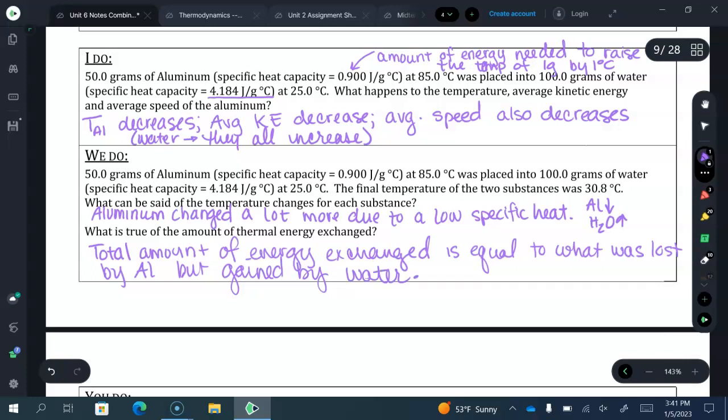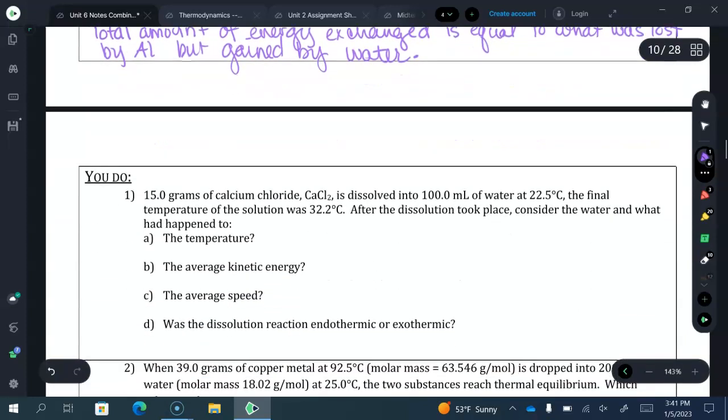Okay, so it's a transfer of energy to reach thermal equilibrium. So aluminum gives water energy until they both have the same total energy, and thus they have reached the same temperature, so thermal equilibrium. The amount transferred from aluminum to water is going to be equal to each other, and that'll be the total thermal energy exchanged.